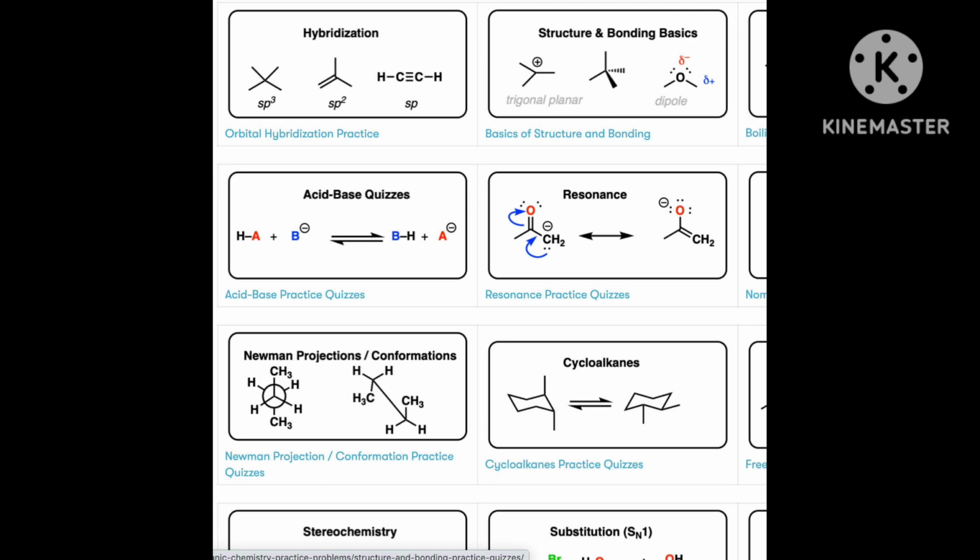Okay, then rotation about the carbon-carbon bond: rotation of one CH2 fragment with respect to the other interferes with maximum overlap of p orbitals, and therefore such rotation about a carbon-carbon double bond is restricted.